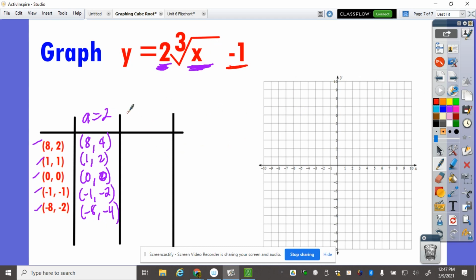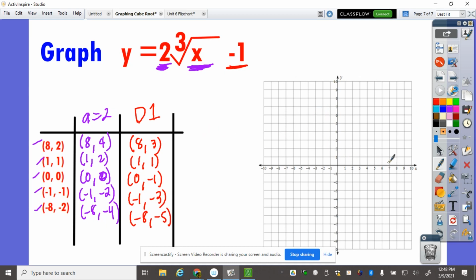Then the negative 1 outside means you're going to go down 1, so you subtract 1 from the y value: (8, 3), (1, 1), (0, -1), (-1, -3), and (-8, -5).